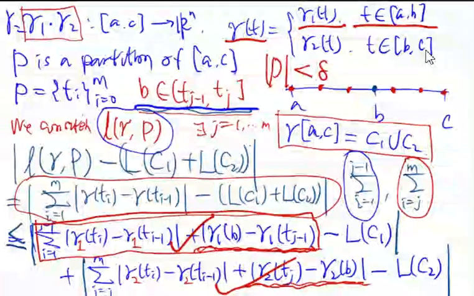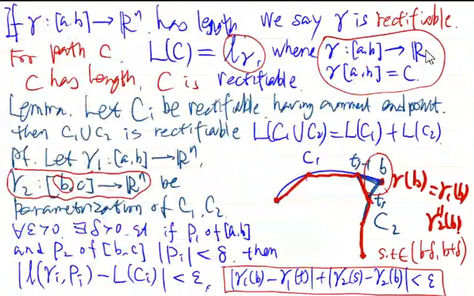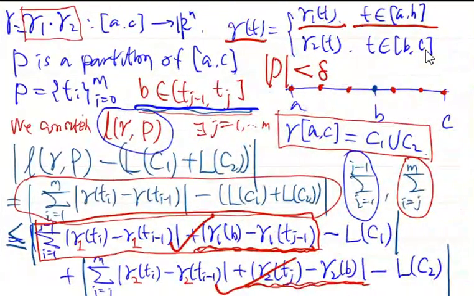So this means for any positive epsilon, we can determine a delta using the rectifiability of gamma 1 and gamma 2, as well as the uniform continuity of gamma 1 and gamma 2. With this delta, if the partition P of the interval [a, c] has gap less than delta, then the corresponding length of the inscribed polygonal will be very close to the sum of the lengths of C1 and C2.